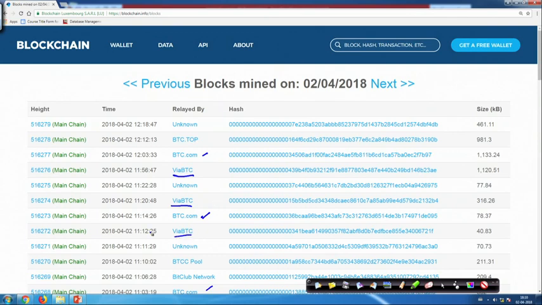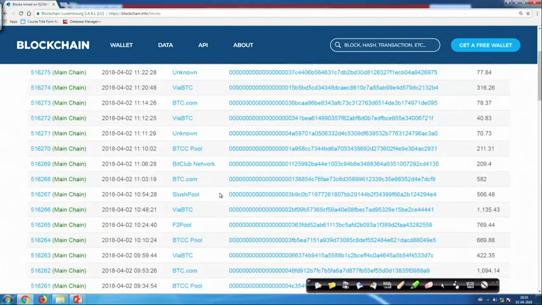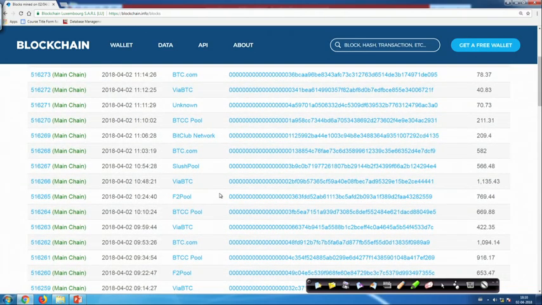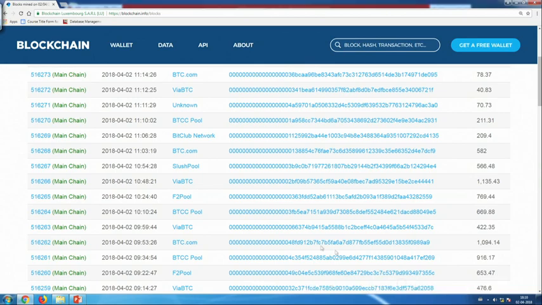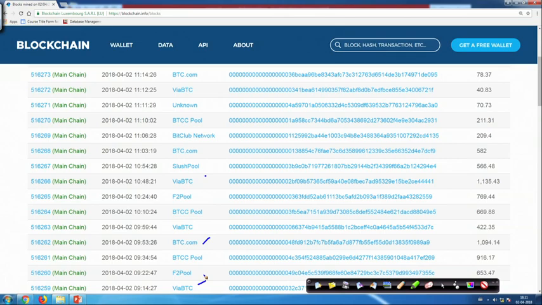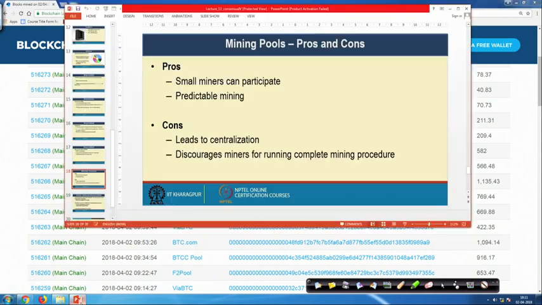So, all the blocks that are getting relayed are coming from some fixed number of mining pools, either ViaBTC or BTC.com, again ViaBTC. So, a notion of monopoly can be seen with this architecture.